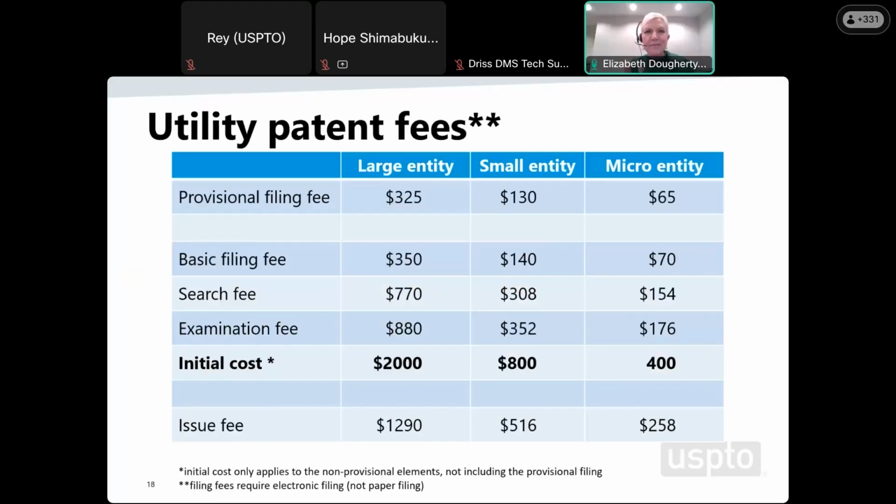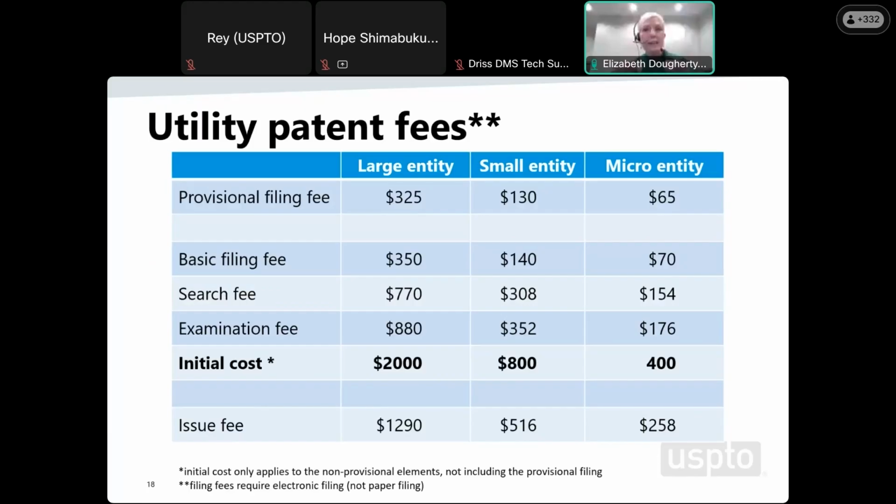So here are the fees. As you can see from this chart, the provisional filing fee, and in fact, a majority of our fees in patents are broken down across 3 fee entity categories. So when you file with the US Patent and Trademark Office, as you are beginning the process, you need to identify, or your patent attorney or patent agent can help you do so, what type of filing entity you are.